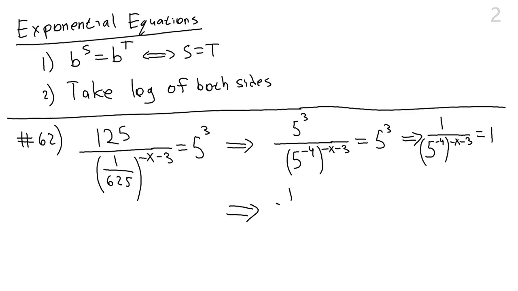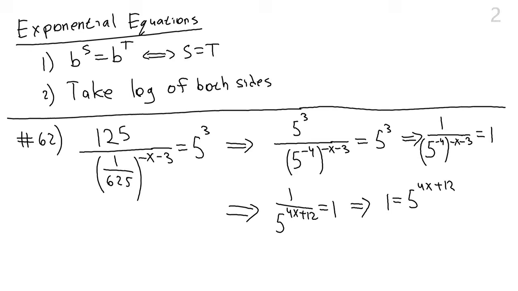Next, on the bottom, a power raised to a power gets multiplied. So this is 1 over 5 to the 4x plus 12 equals 1. Multiply both sides by 5 to that exponent, and we get 1 equals 5 to the power of 4x plus 12.